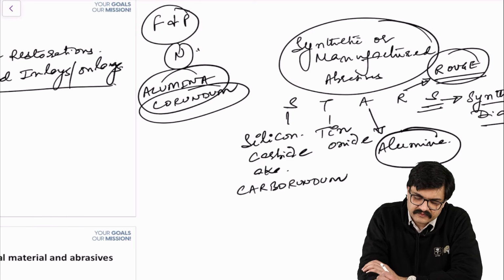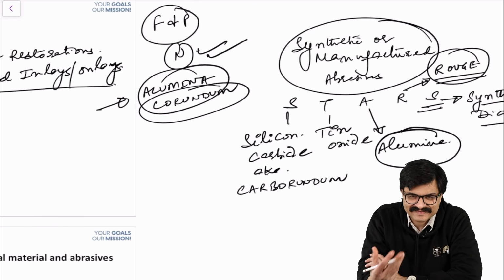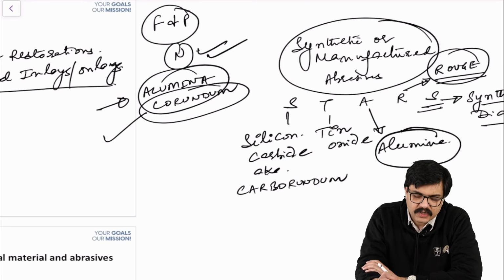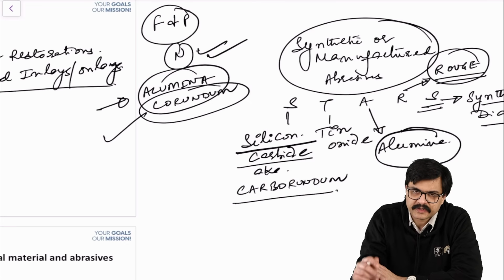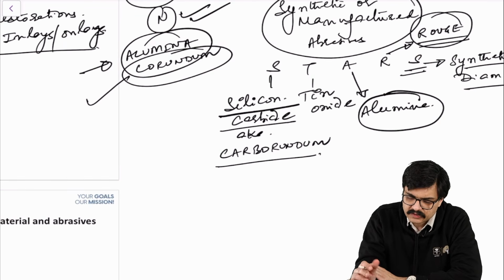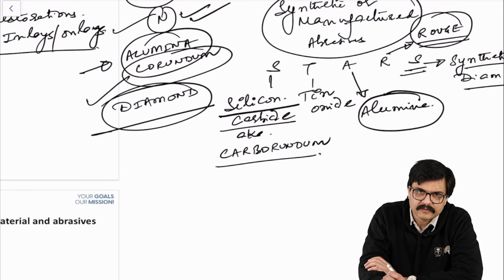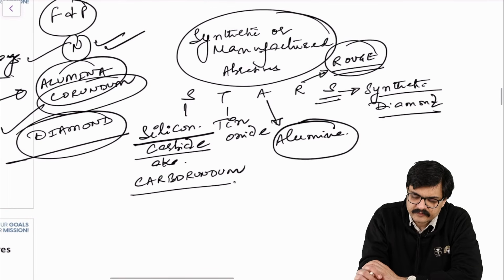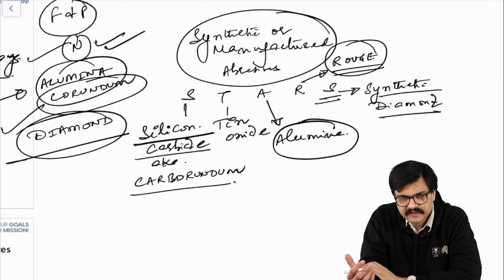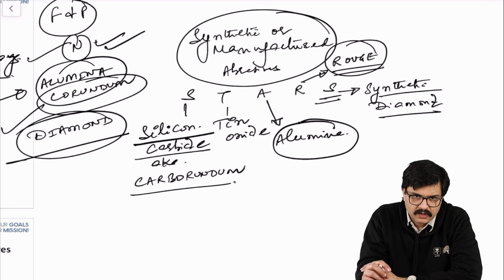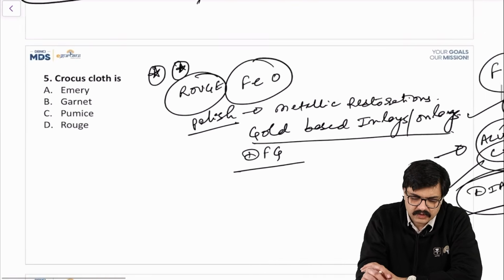The natural abrasive form of alumina, which exists as an ore that is mined, is corundum, whereas carborundum is silicon carbide, which is a manufactured abrasive. And obviously natural diamond, or simply diamond, is a natural abrasive. But if specifically asked synthetic diamond, then it's a synthetic or manufactured abrasive. So we can keep these things in mind so that we are able to solve the other applied MCQs here.